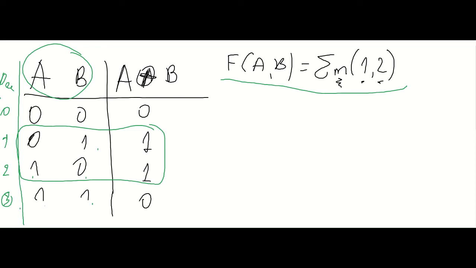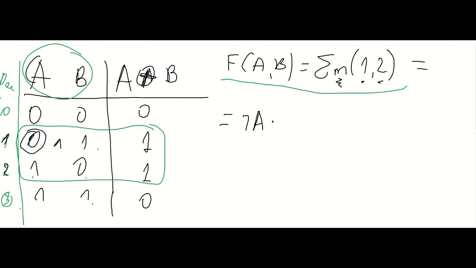To do this, we continue according to the rules. We take into notice lines 1 and 2, and now write the operands according to their truth value in the interpretation. So for A, we have a 0. That's why we write it as not A. In between columns, we take a conjunction.